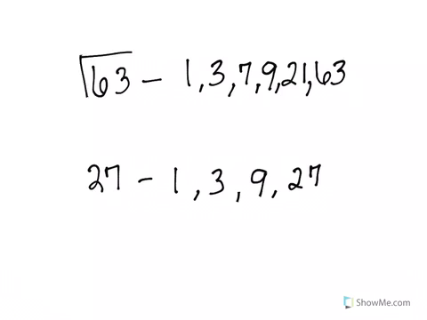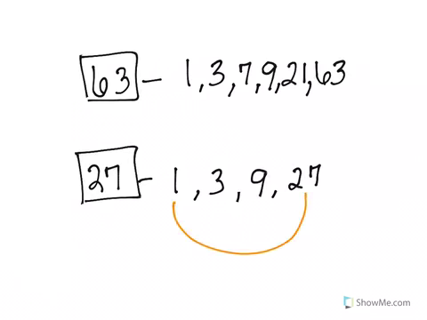And guys, I took those exact same numbers, 63 and 27, and if you listed them out as a list of common factors, I can do the exact same thing. 1 and 27, 3 and 9, those are factor pairs. 1 and 63, 3 and 21, 7 and 9 are factor pairs.